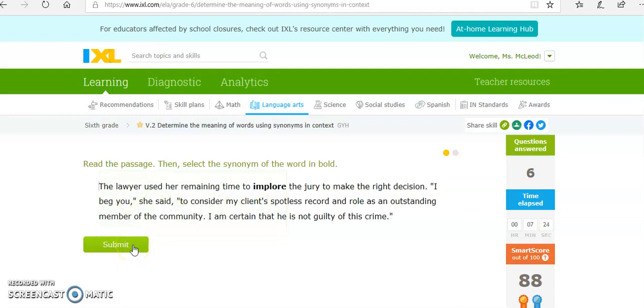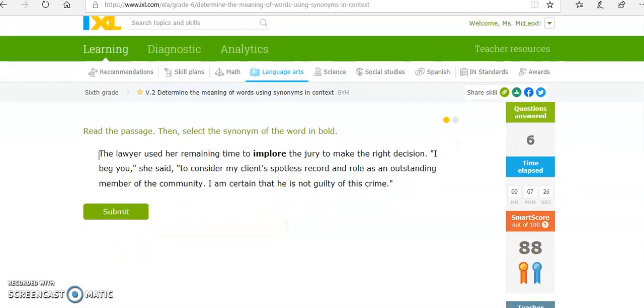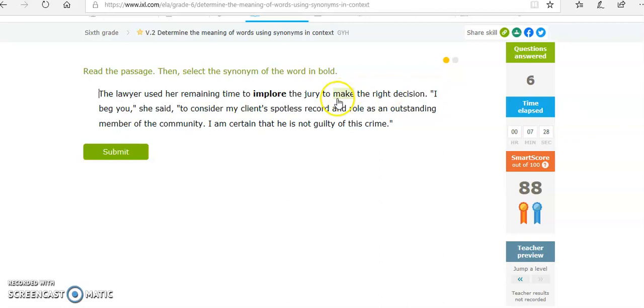All right. One more. Read the passage. Select the synonym of the word in bold. The lawyer used her remaining time to implore the jury to make the right decision. I beg you, she said, to consider my client's spotless record and role as an outstanding member of the community.